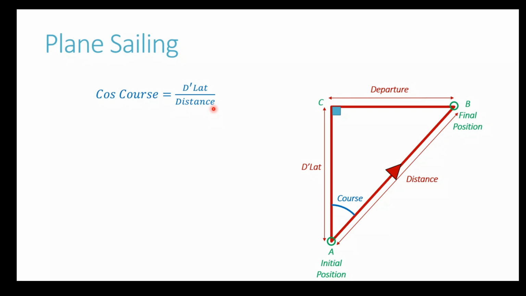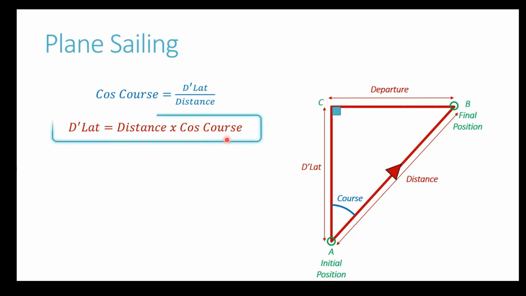Now this ratio gives us our first formula for plane sailing, and that formula is d lat equal to distance cos course. We have just taken the distance to the left hand side. So on one side you have the d lat, on the other side you have distance cos course. So this is the first important formula we have for plane sailing. D lat equal to distance cos course.